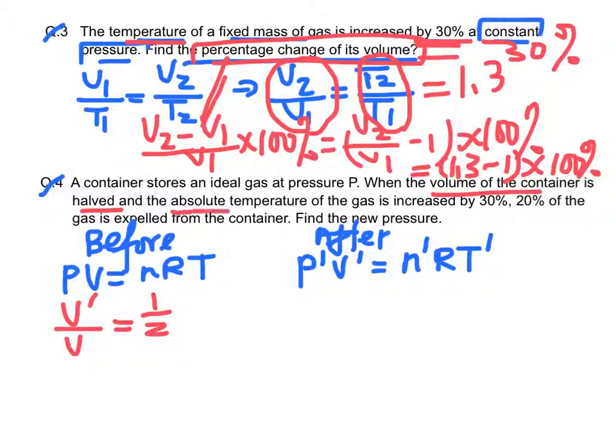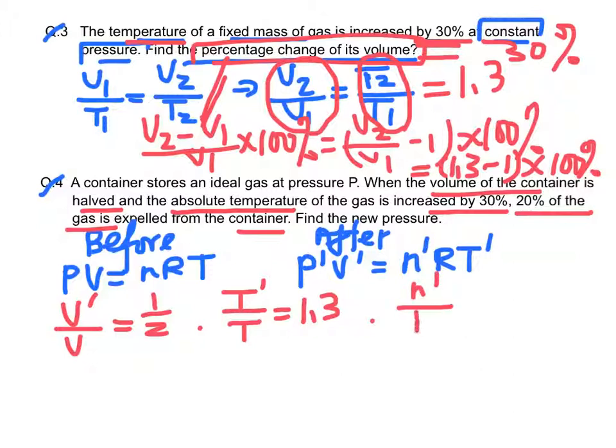Since the absolute temperature of the gas is increased by 30%, we got T' over T equal to 1.3. And since 20% of the gas is expelled from the container, we got N' over N equal to 0.8.